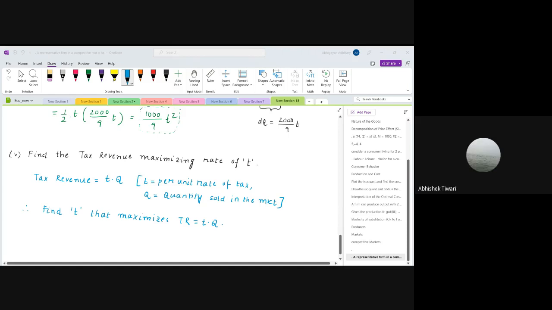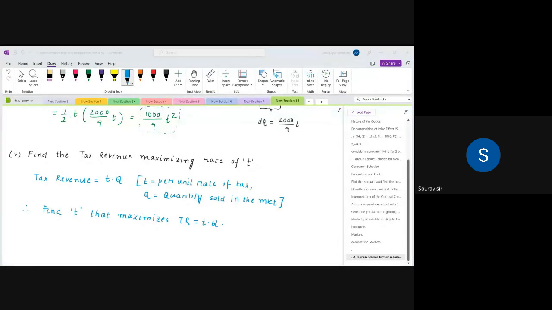Correct? So if I tell you that what would be the maximizing T, what would that be? Any answers from anyone? The rate of tax that maximizes government's tax revenue. It would typically be tending to infinity, right? If higher the rate of tax, higher the tax revenue, then that is what it should be. Correct?